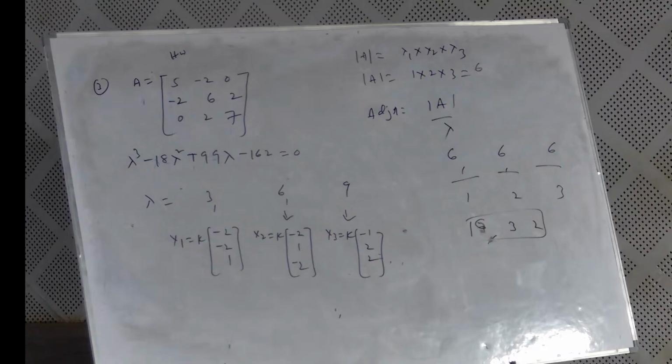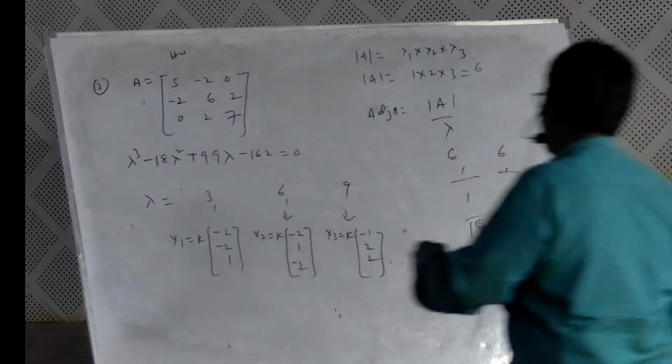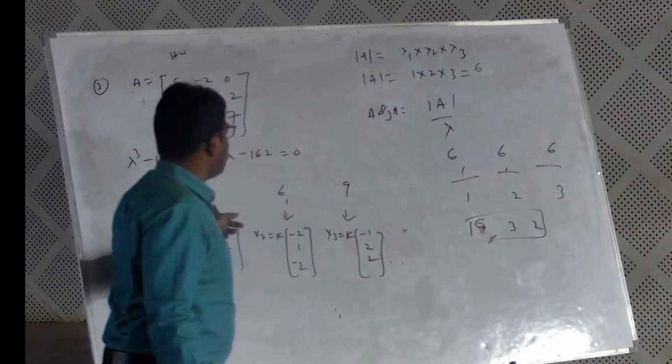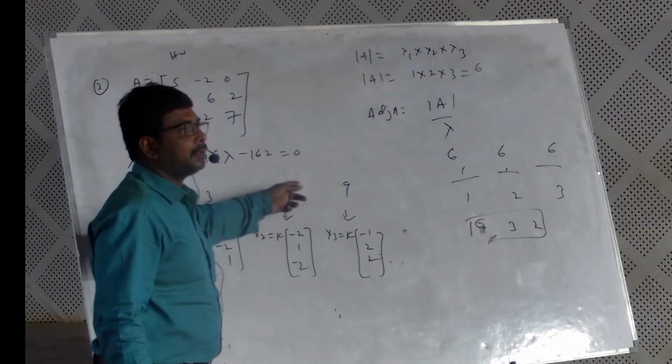Simple: minus lambda cube plus trace into lambda square minus sum of the minors of the diagonal elements into lambda plus determinant. Okay? If you solve the equation, what will you get? 3, 6 and 9.